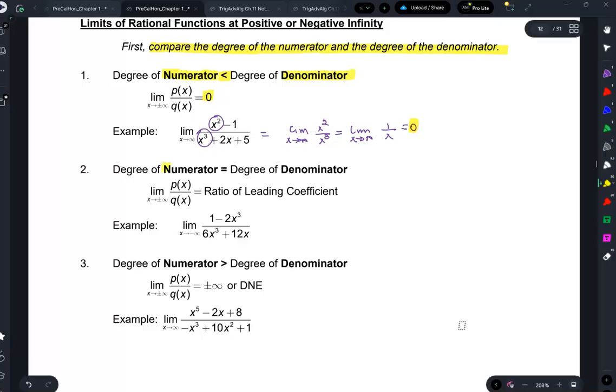And then if the numerator and the denominator have equal degree, then it's just the ratio of the leading coefficients. So in this case, this will just be -2/6, -1/3. No limit, because it's just the value. The limit is -1/3.